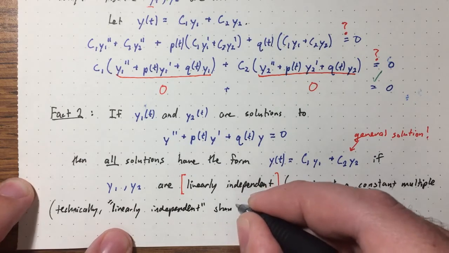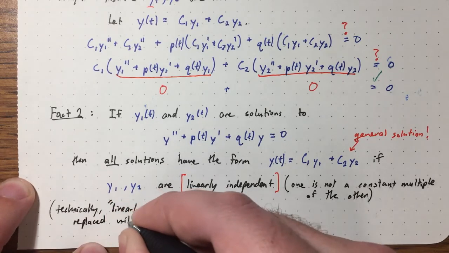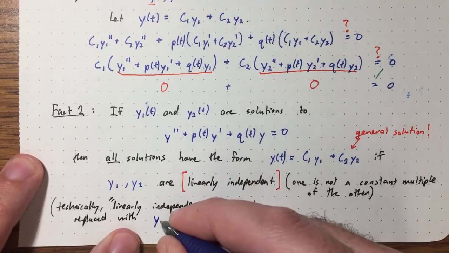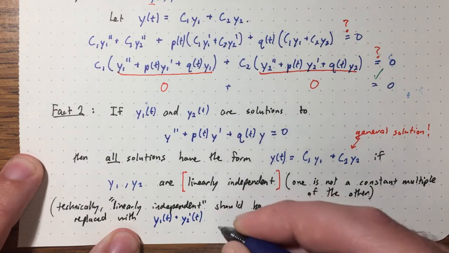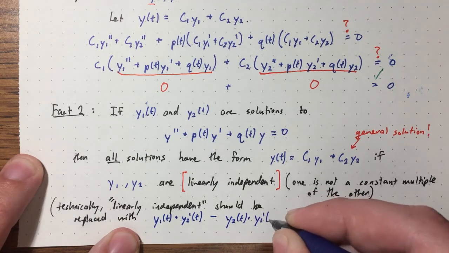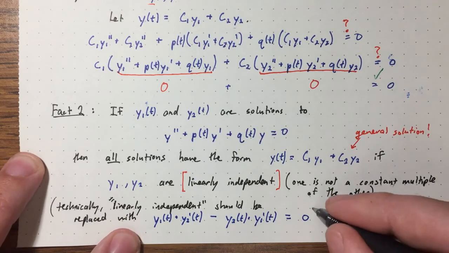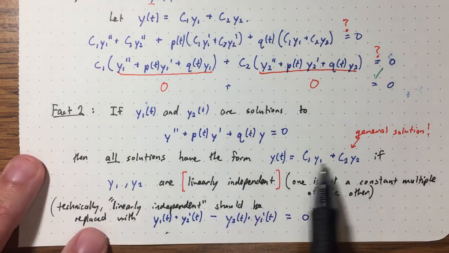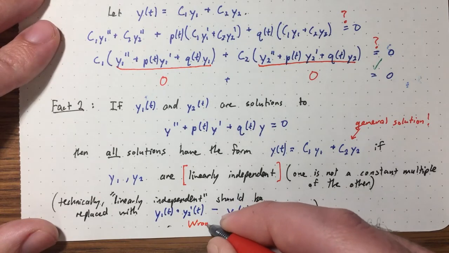So it should be replaced with a weirder looking condition. So it should be replaced by y1 of t times the derivative of y2 of t minus y2 of t times the derivative of y1 of t. That has to be the nonzero function. Okay? So if y1 and y2 satisfy this relationship, then all solutions have this form. This is called the Wronskian determinant.